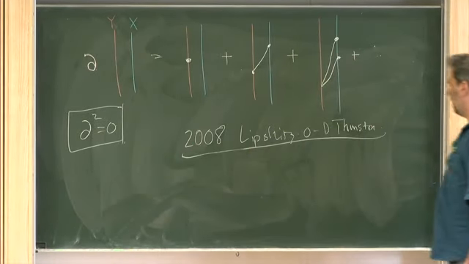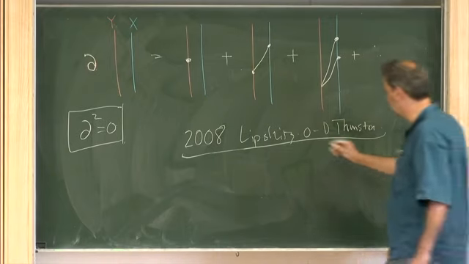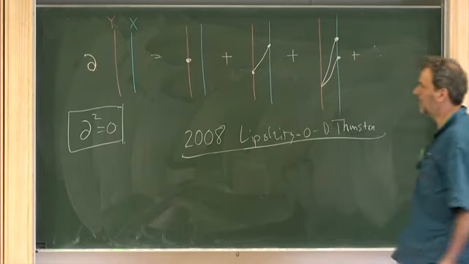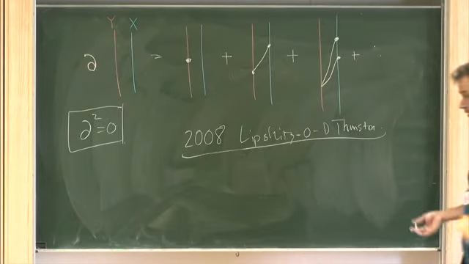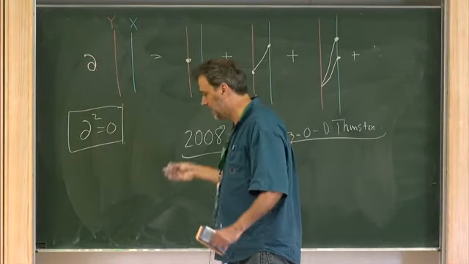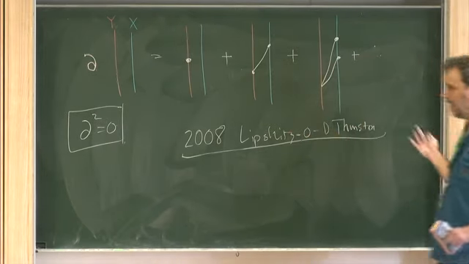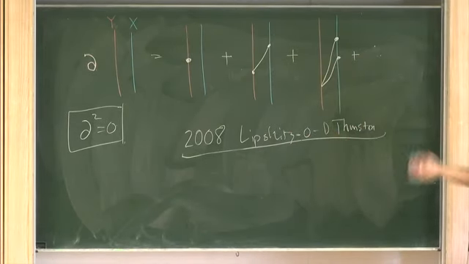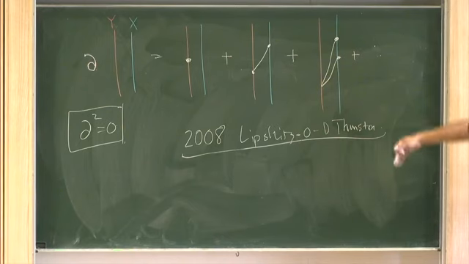In 2008, Robert Lipschitz, me, and Dylan Thurston worked out something we called bordered Floer homology, which is an invariant for 3 manifolds with boundary, and it was for reconstructing HF hat, which is one version of Heegard Floer homology for closed manifolds.